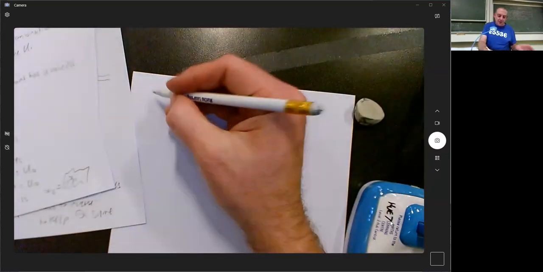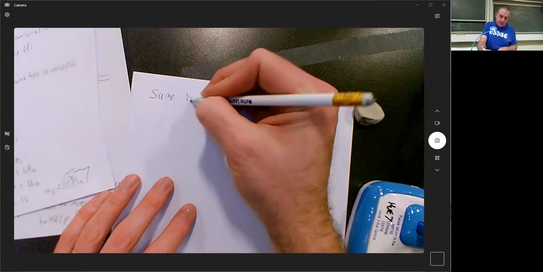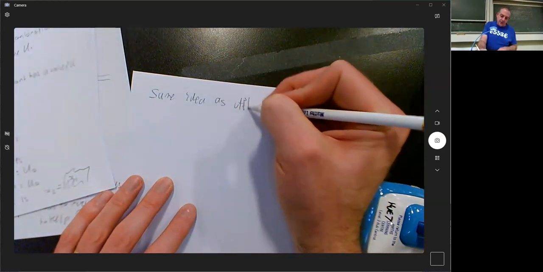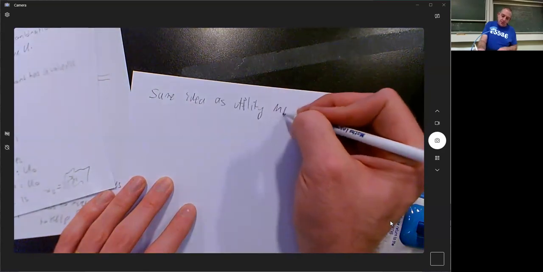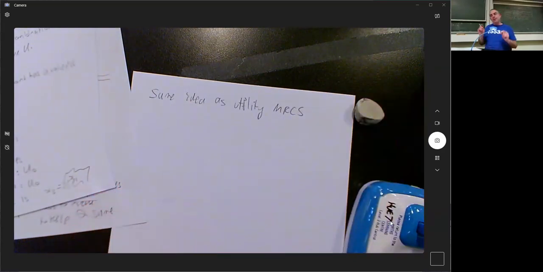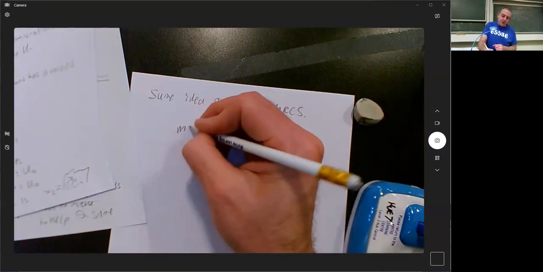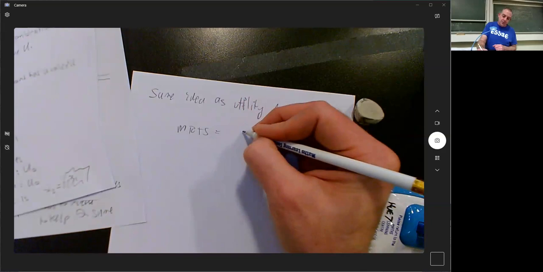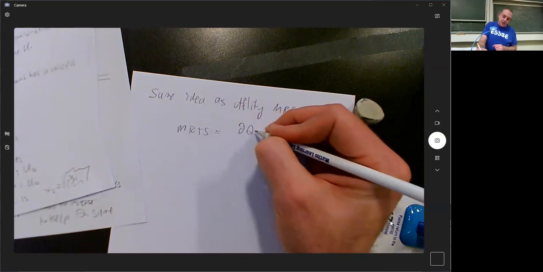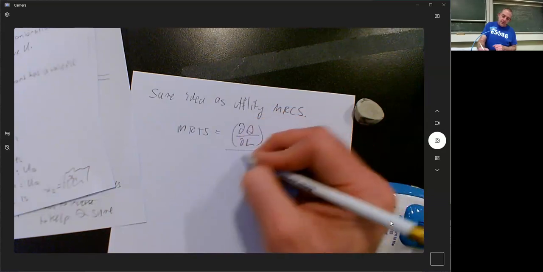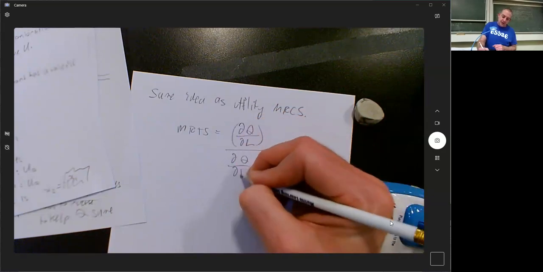So I will just make the comment, same idea as utility marginal rate of commodity substitution. So marginal rate of technical substitution will be dq on dl, dq on dk.